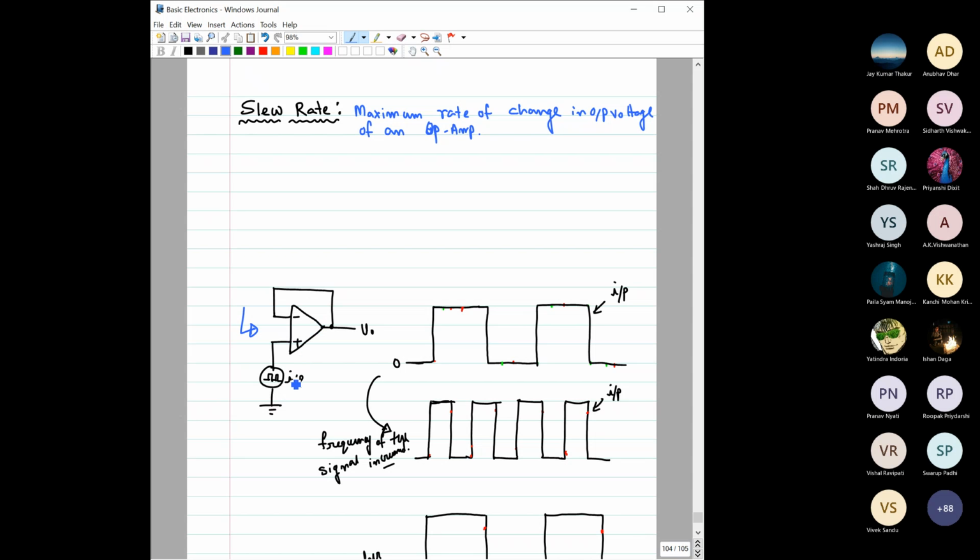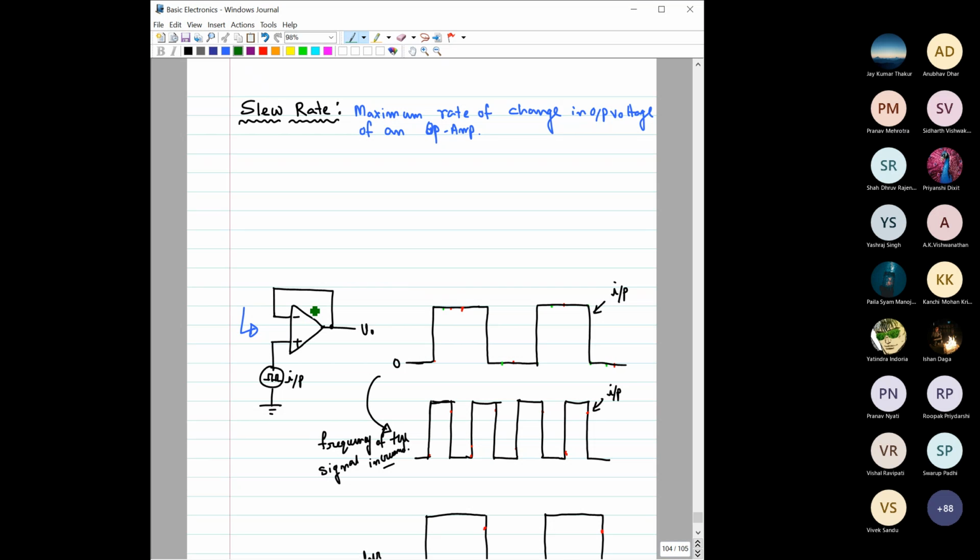In this voltage follower, say the input we are applying is a square wave, so we have a couple of square waves from the input source. Here you can see the input changes from 0 to its peak value almost instantaneously.